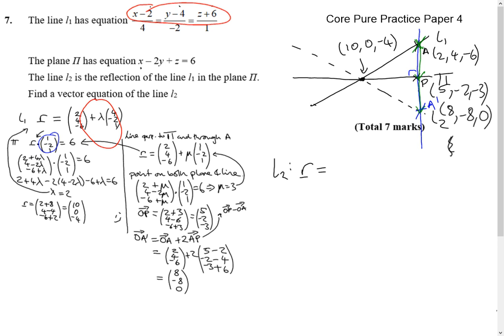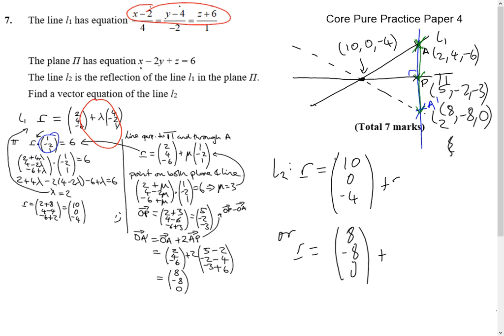That's going to be r equals a point on the line, which is either our image of A or our point of intersection, it doesn't matter, plus some scalar times the direction. Again, there are going to be multiple options. The direction is going to be the vector between the image of A and that point of intersection.